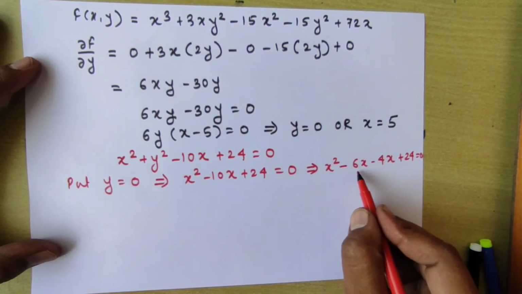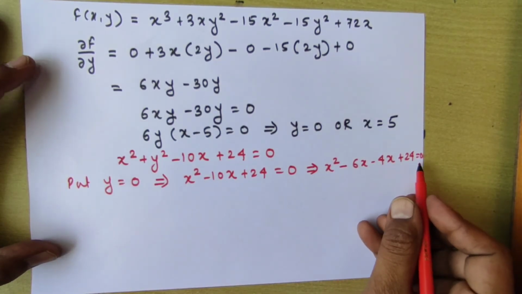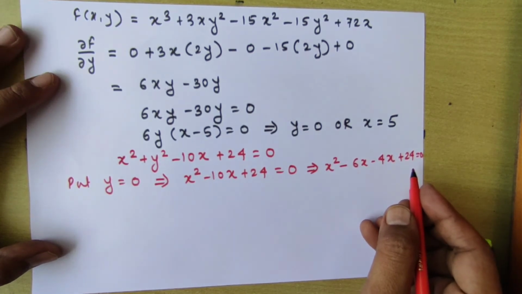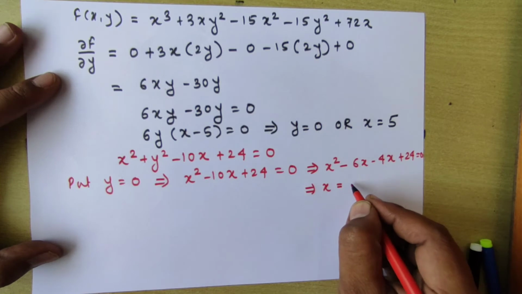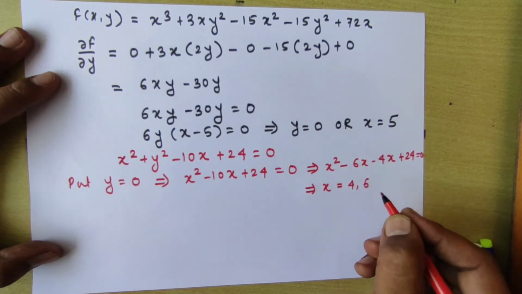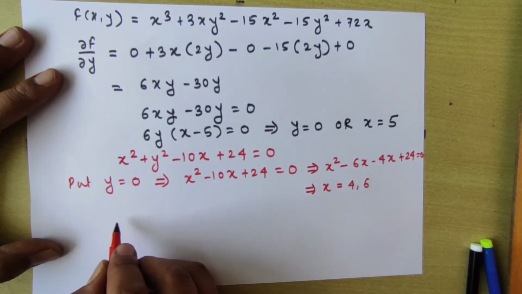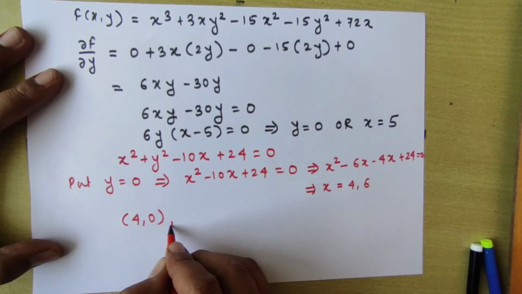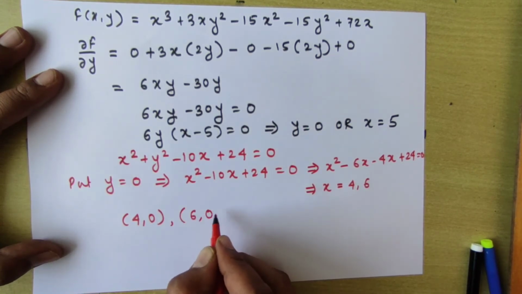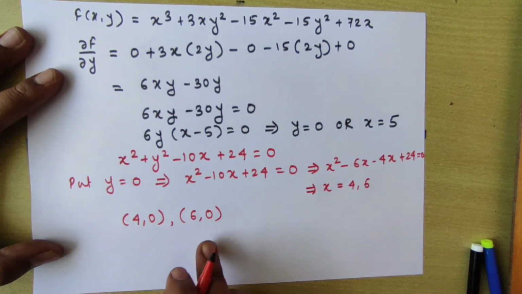So we get x square minus 6x minus 4x plus 24 equals 0, and that implies x is equal to 4 comma 6. So from this we get 2 points, that is 4 comma 0 and 6 comma 0. So these are the 2 points.